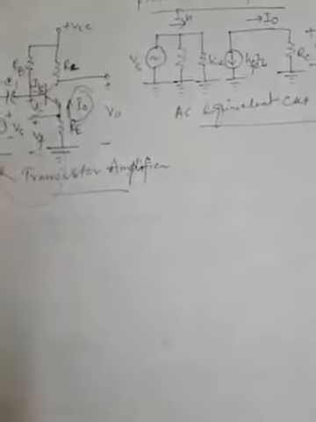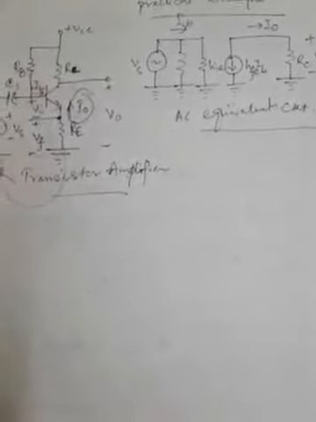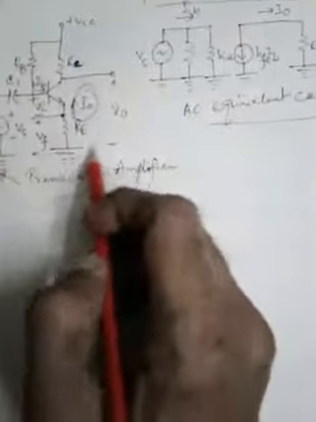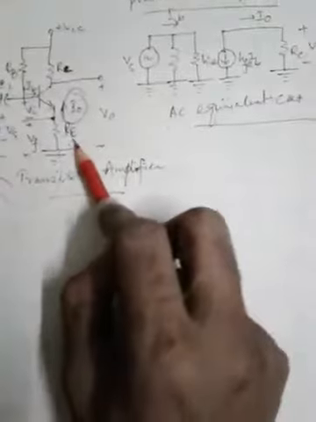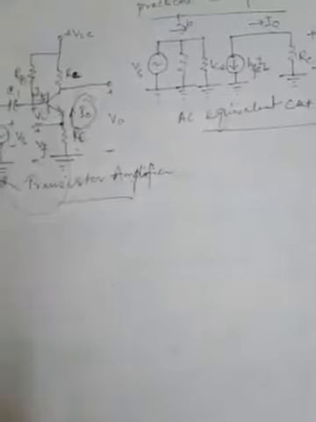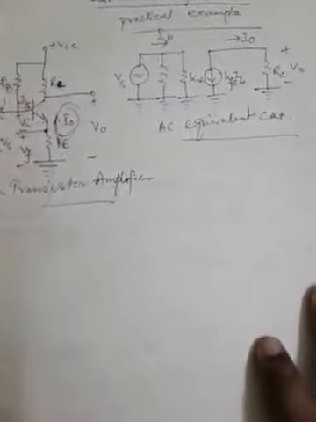Now it is a single transistor amplifier stage. Since the emitter of this stage is unbypassed, that means no bypass capacitor is connected in parallel to this emitter resistance RE here, it effectively has current series feedback.